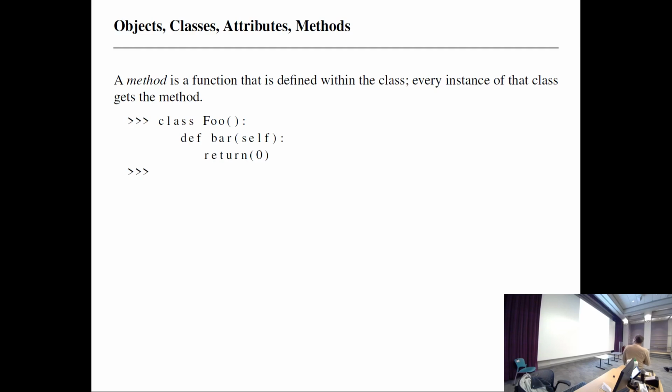You'll notice that when I define a method, I define it at the same time as I define the class, and it's indented in the scope of the class definition. So class Foo is the name of the class. We'll talk about this later. Colon. And then this indented thing is a method for instances of the type Foo. Now, there's something funny about this function definition. It sits inside the class definition, but we've seen helper functions inside other function definitions, so that's not that unusual.